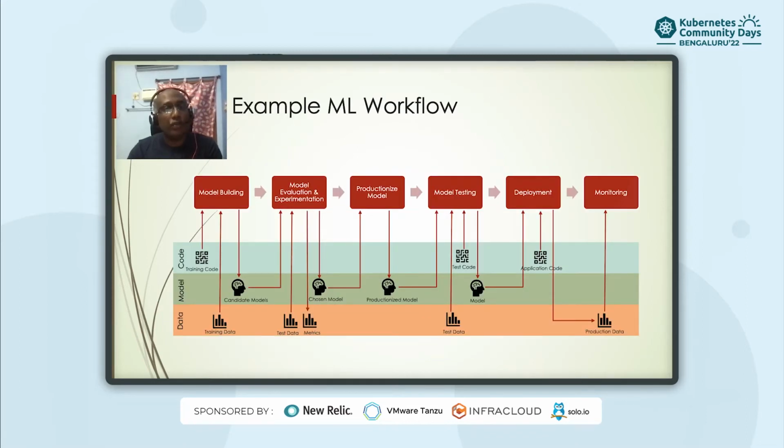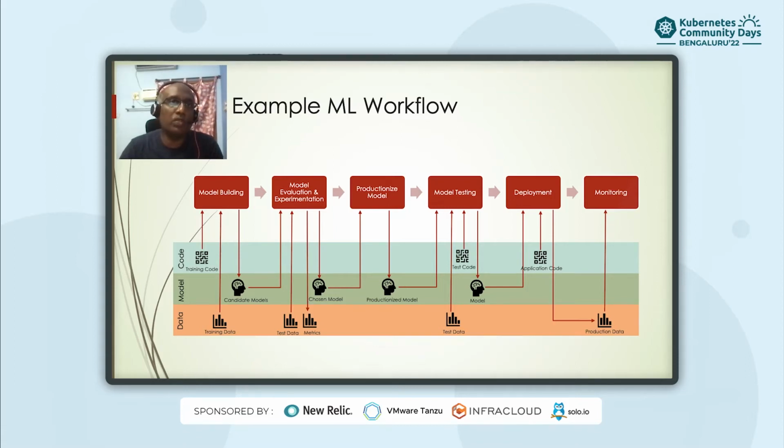Now let me introduce you to an example ML workflow, right? So first of all, there is a model building phase. So in this model building phase, you heavily rely on training data. Okay. And out of the model building phase, you come up with some candidate models. So these are models which have to be evaluated. Okay, so that is where you use again test data.